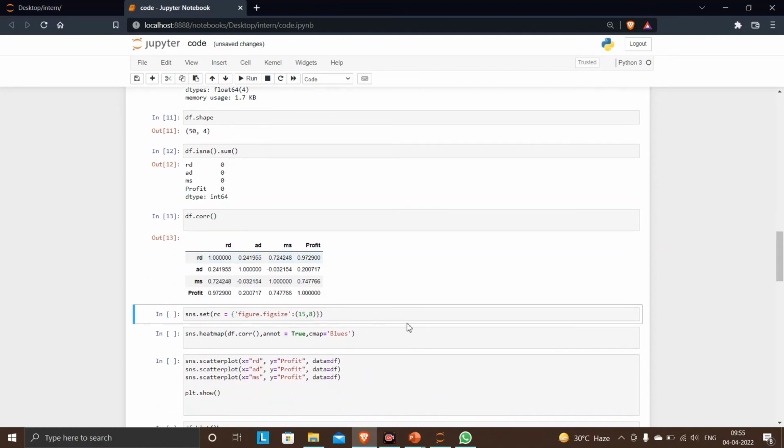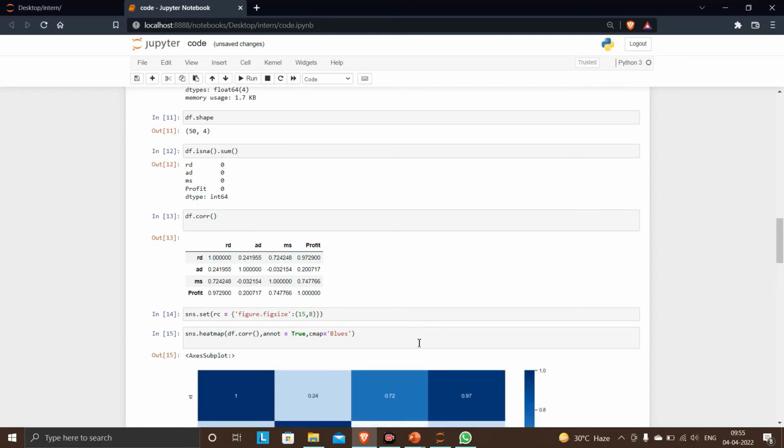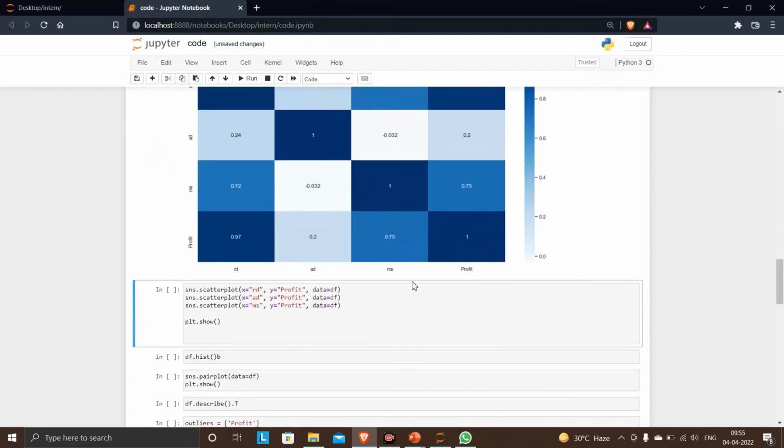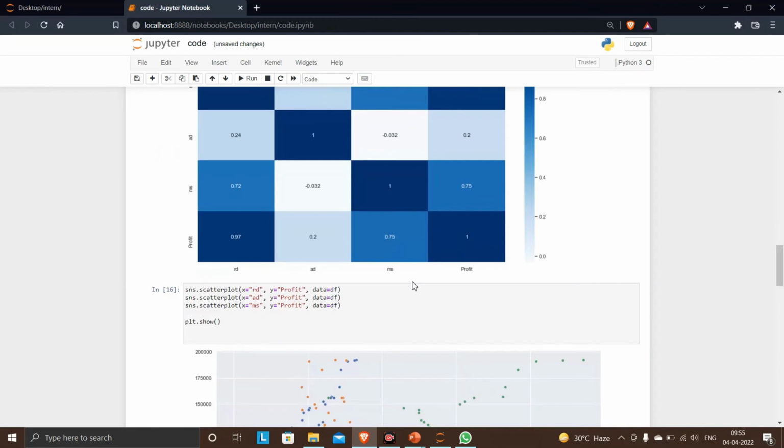We have also discussed the heat map previously. So this was the heat map I showed you earlier.